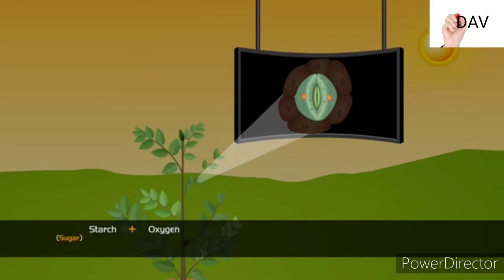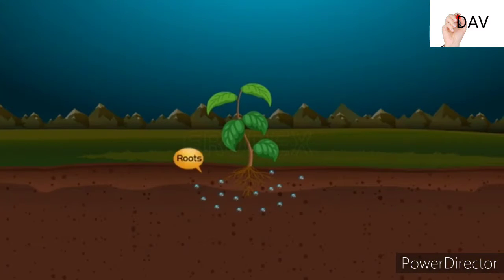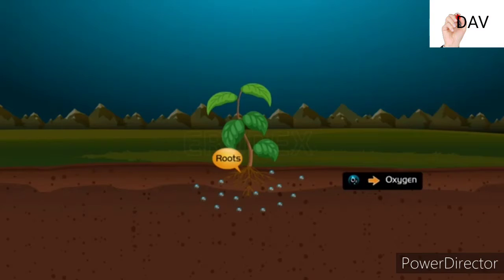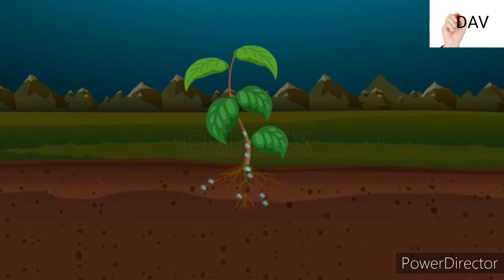Every living organism needs energy release, and it is done by oxygen. We know that this process is known as the respiration process. To release energy, the plant will get oxygen through roots, which is dissolved in soil water.